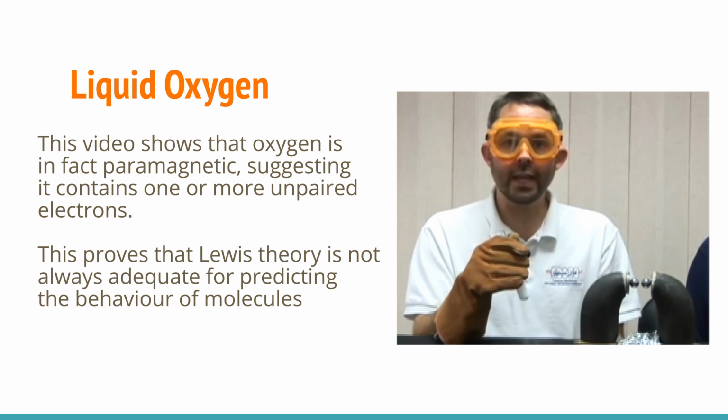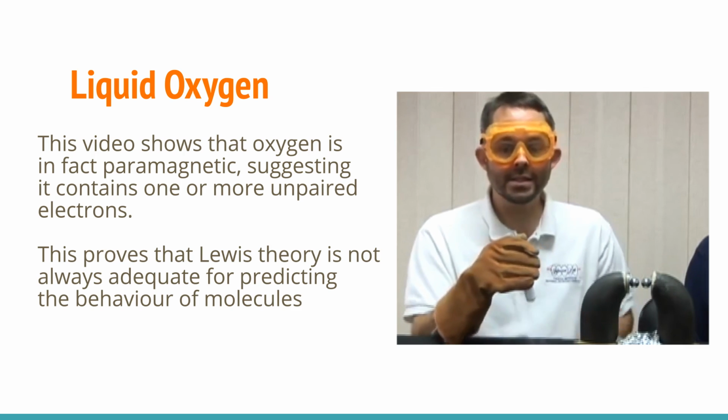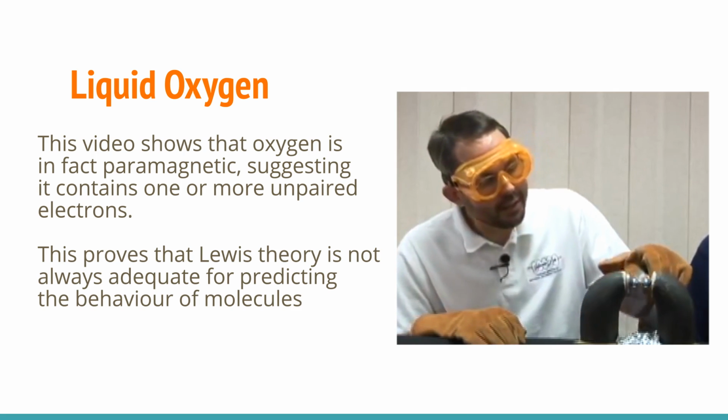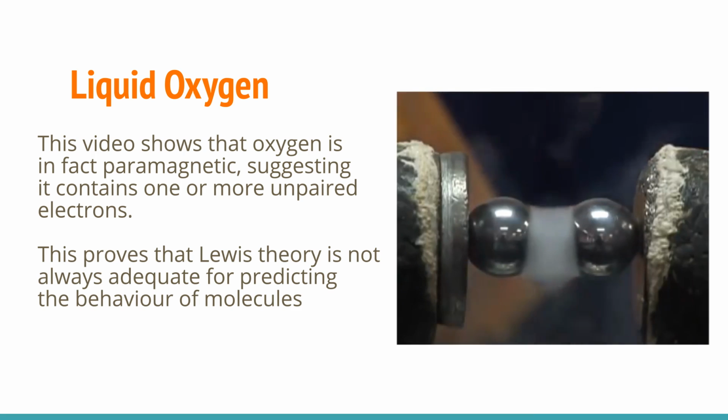The way oxygen behaves is called paramagnetism. That's a fancy way of saying that each molecule of oxygen is attracted to a magnet's magnetic field. So, when I pour the liquid oxygen between the poles of the magnet, it sticks.